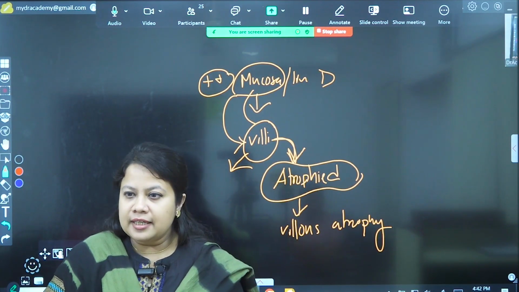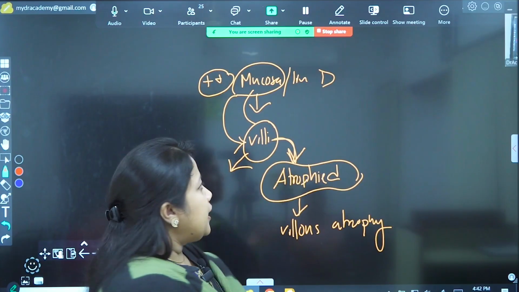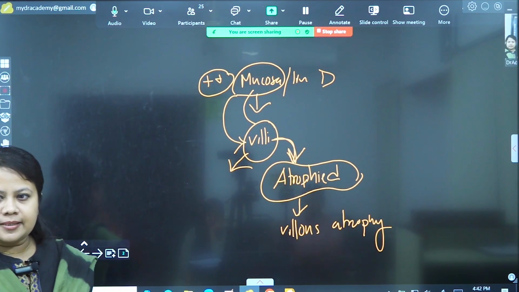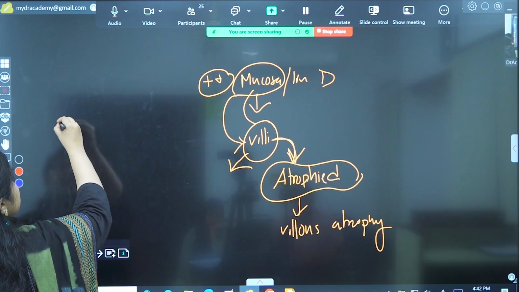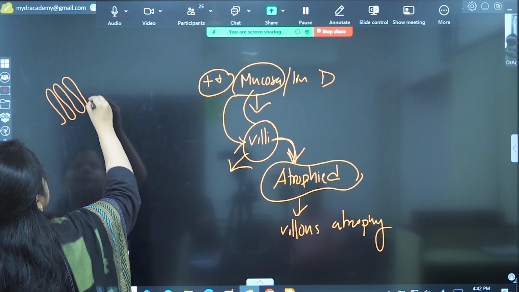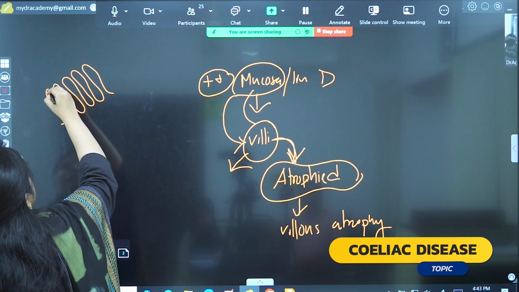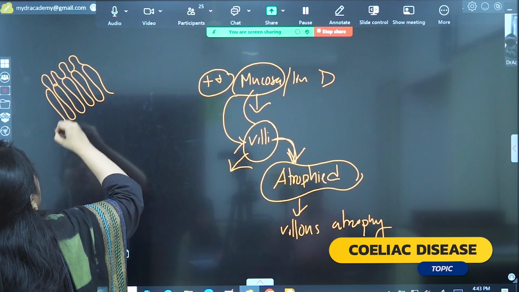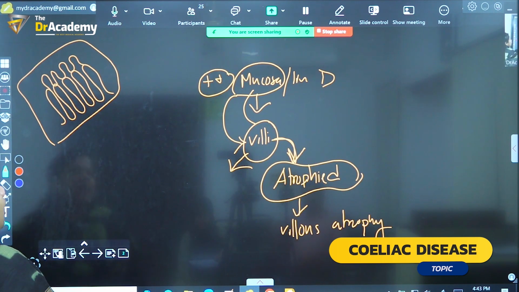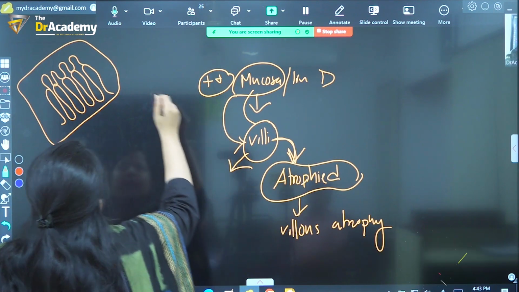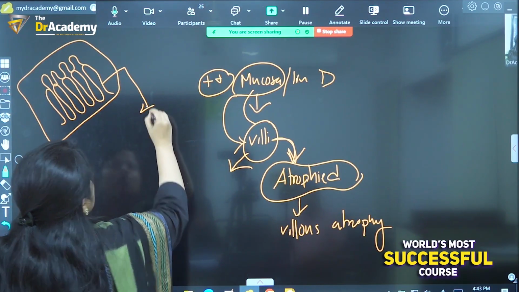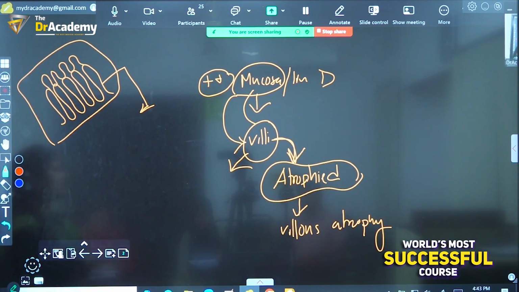Villi are finger-like projections in the lining epithelium of the small intestine, right? Suppose normal villi look like this. This is the lining epithelium of the duodenum or small intestine. Now, whenever the mucosa and villi continuously face hypersensitivity reaction to gluten, the mucosa loses its structure.